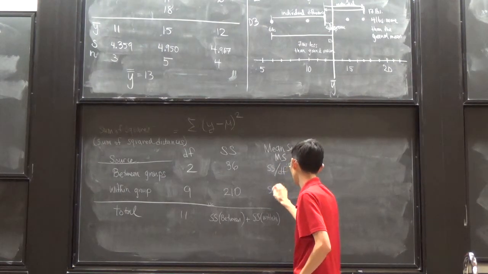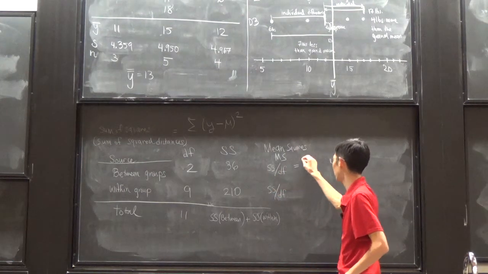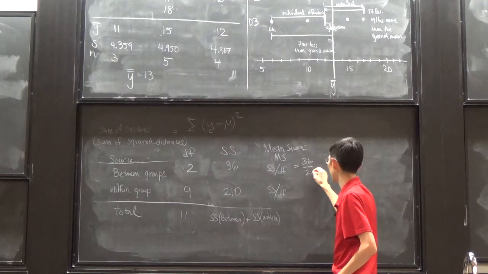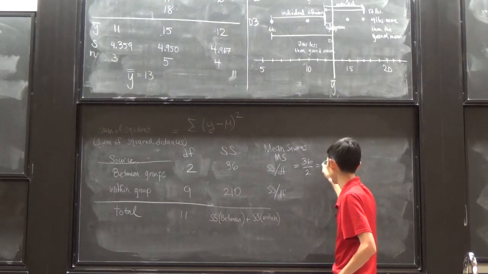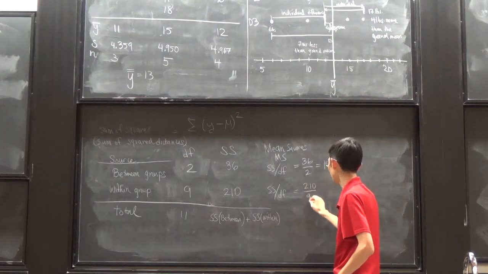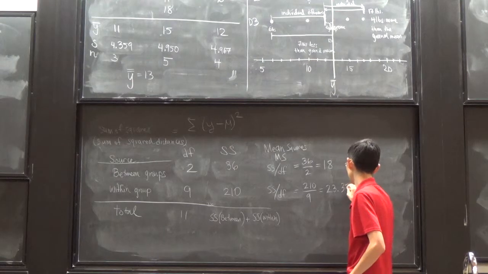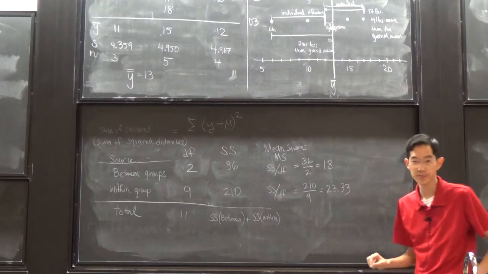It's the same for both rows. So in this case, I would do 36 over 2, and I would get 18. And over here, I would do 210 divided by 9, and I would get 23.33.